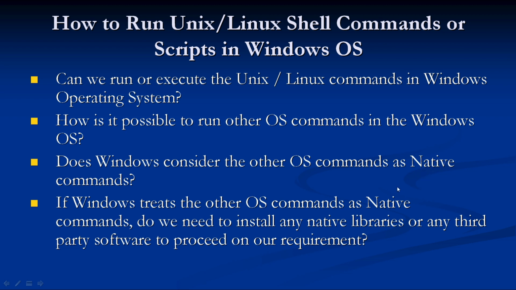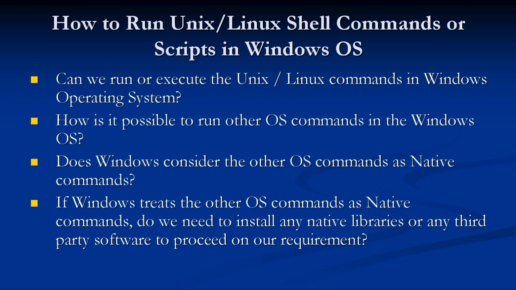Native commands are code that has been written in such a way that it should run on a specific processor, like Java or .NET, Python or Ruby, any programming or scripting language that has been written to run on a particular processor like Intel or some other processor.